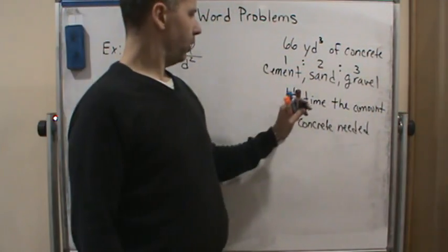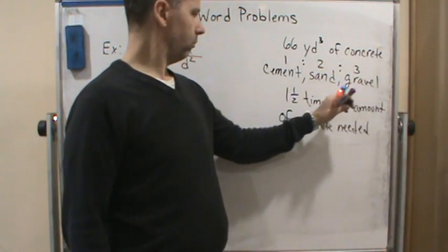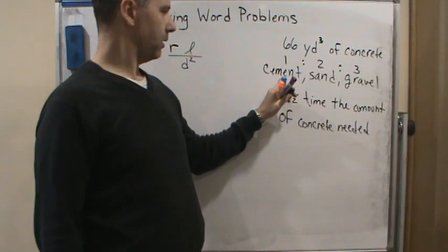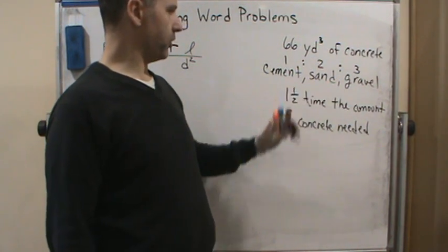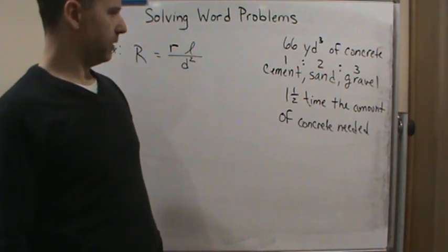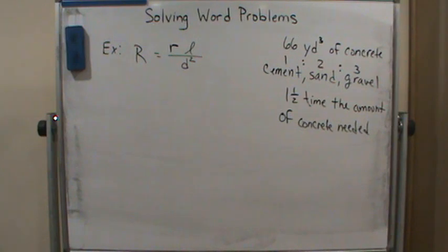Okay, so 3 parts gravel for each part cement, right? 2 parts sand for every part cement, right? So those are the ratios. What volume of each component is necessary?